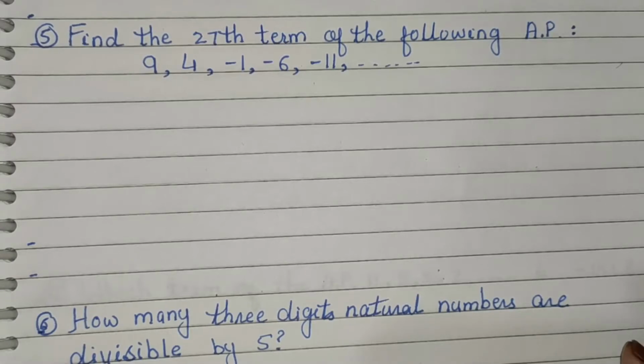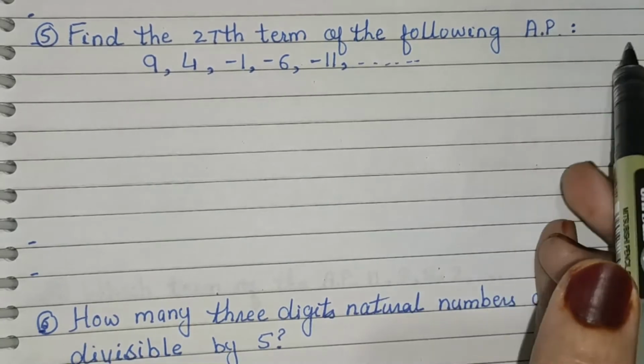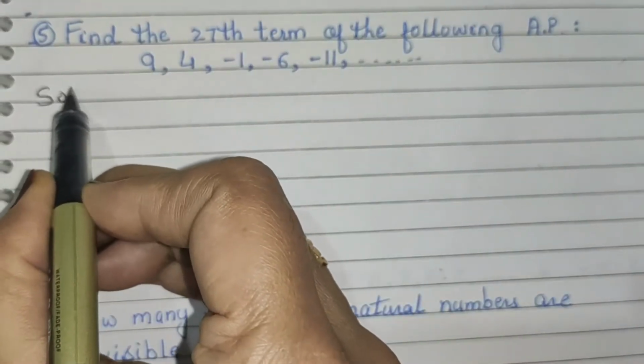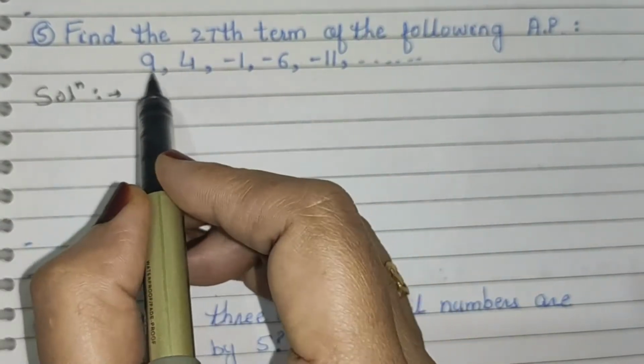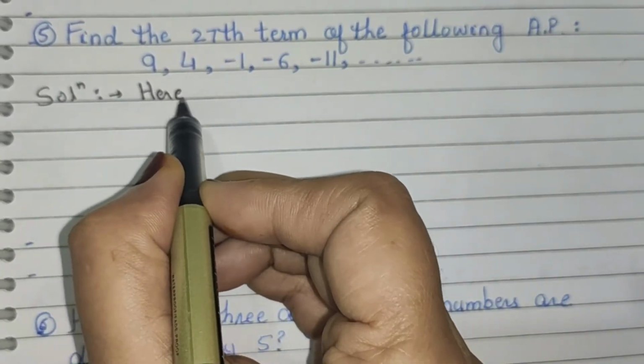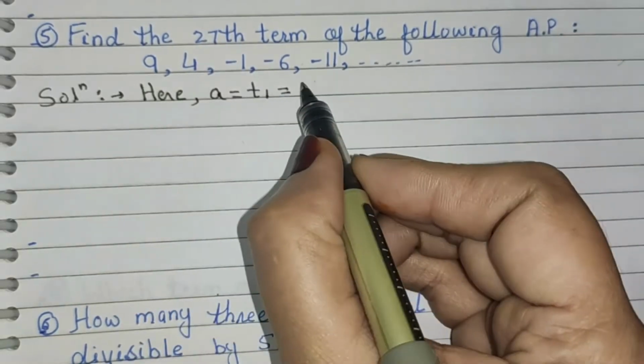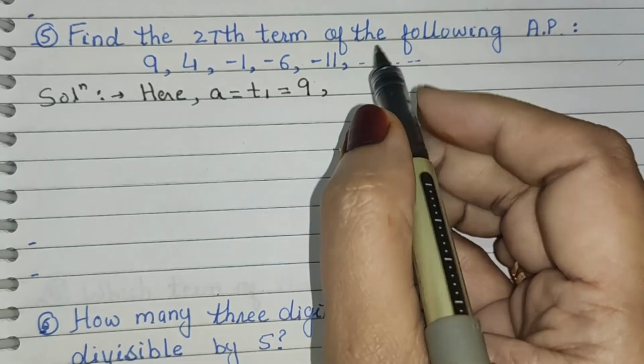Now read next question. Find the 27th term of the following AP. Write down the solution. Now here first term is 9. Therefore A is equal to T1 is equal to 9.